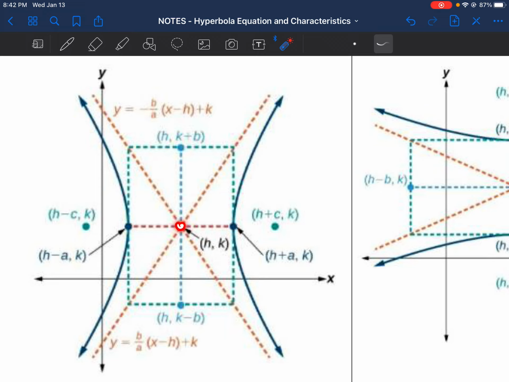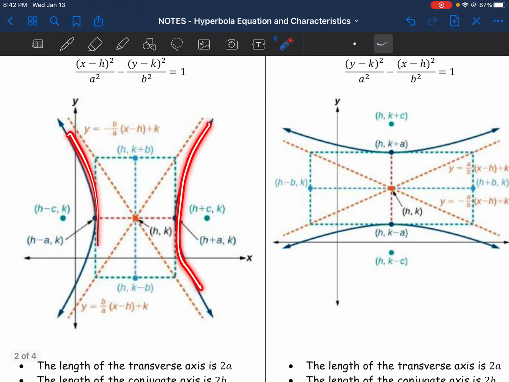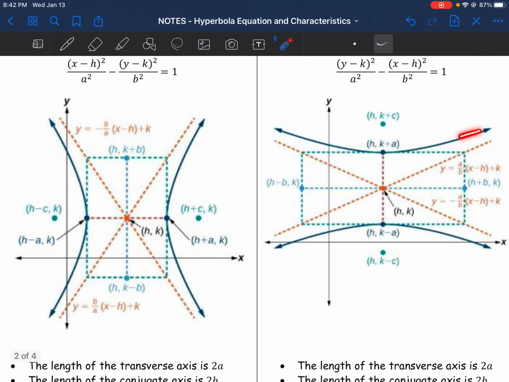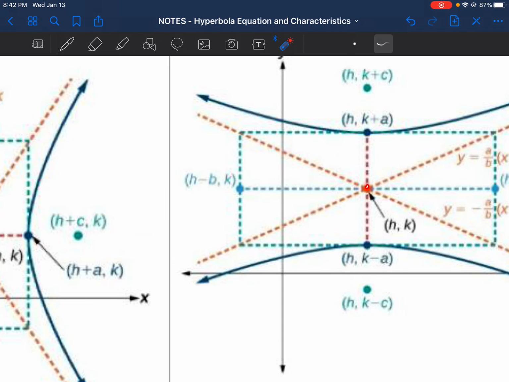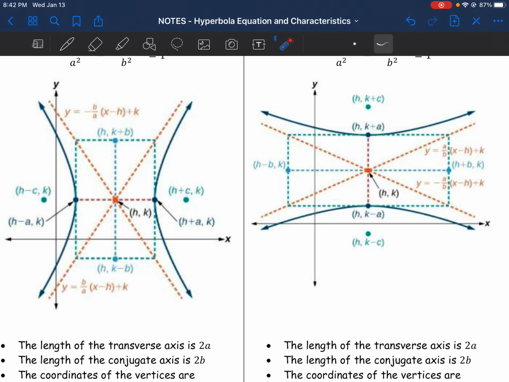The distance from the center to the vertices on each side, we call that a. And that's the same for a hyperbola that opens left or right, or up or down. Regardless of the kind of hyperbola, the distance from the center to the vertices is always going to be a. So the transverse axis is just going to be 2 times a, regardless of what kind of hyperbola we're dealing with.